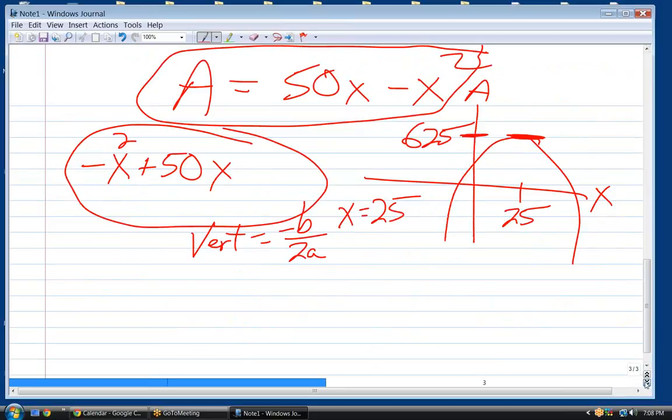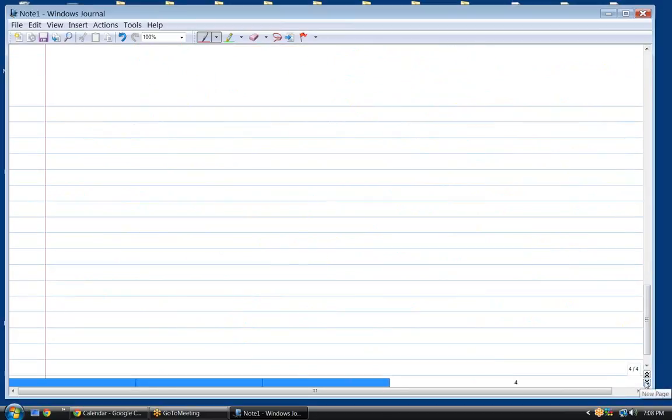All right, what else you got? You have 80 feet of fencing to enclose a rectangular region. Find the dimensions of the rectangle that maximize the enclosed area. What is the maximum area? Isn't this the same problem, only with a different number? Yeah. Exactly the same, right?